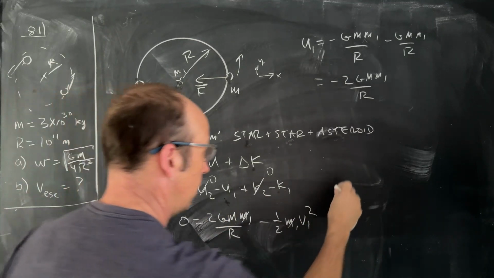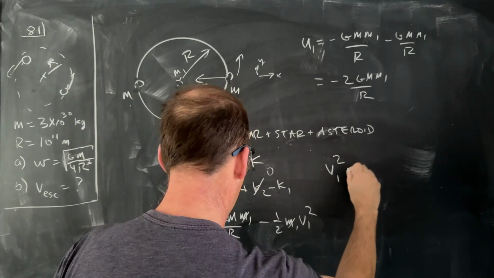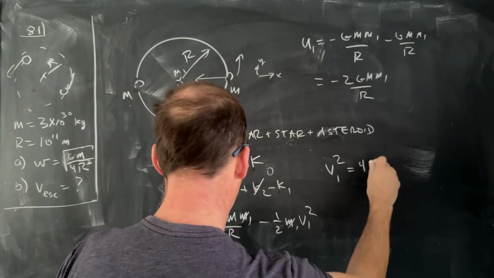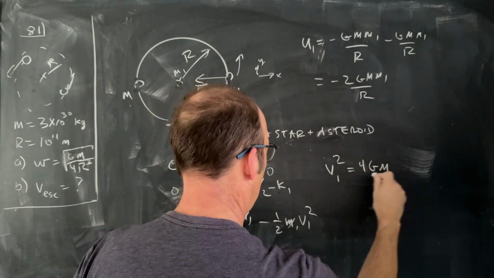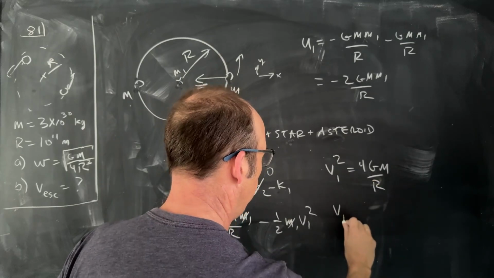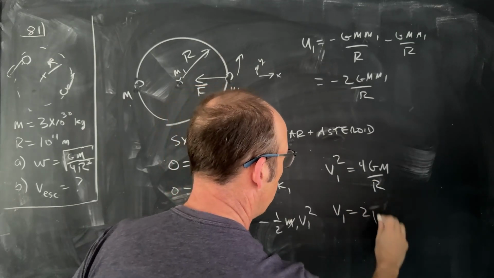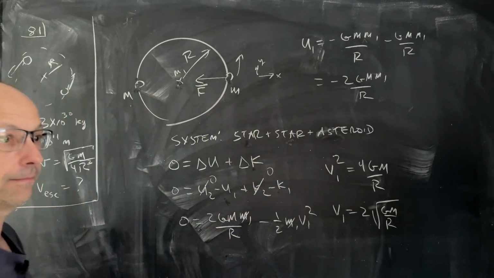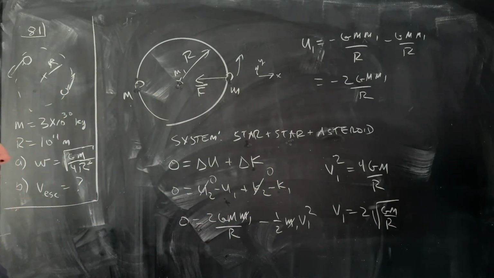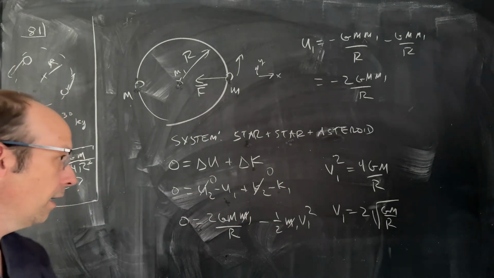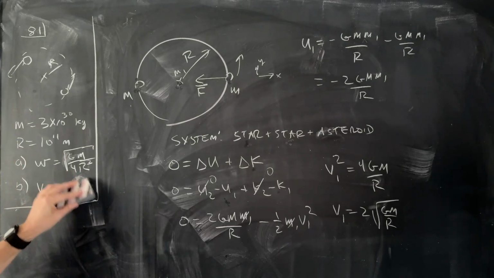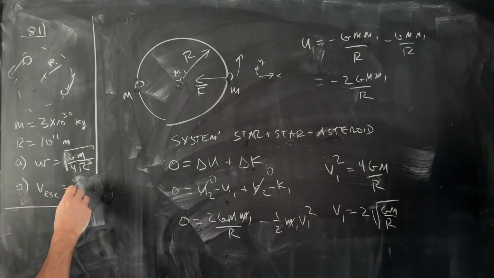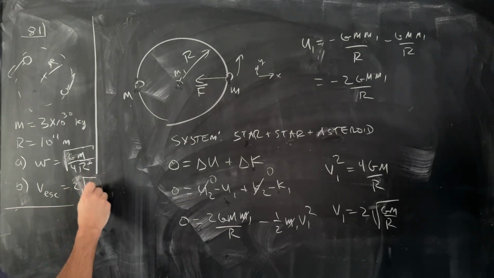So I get v1 squared equals 4g m over r. v1 is going to be 2 square root of g m over r. That's my escape velocity. I have to fill in my chart here, otherwise I don't get full credit. So 2 square root of g m over r.